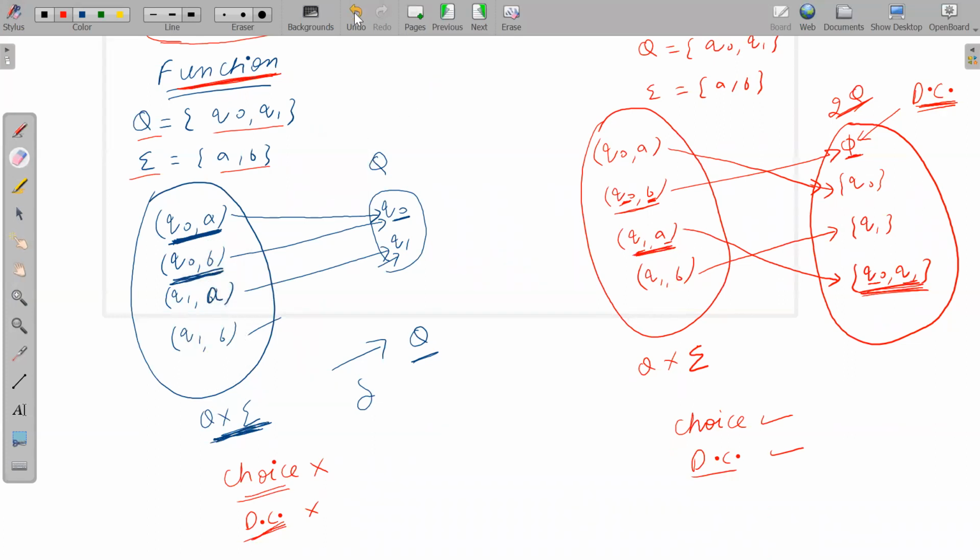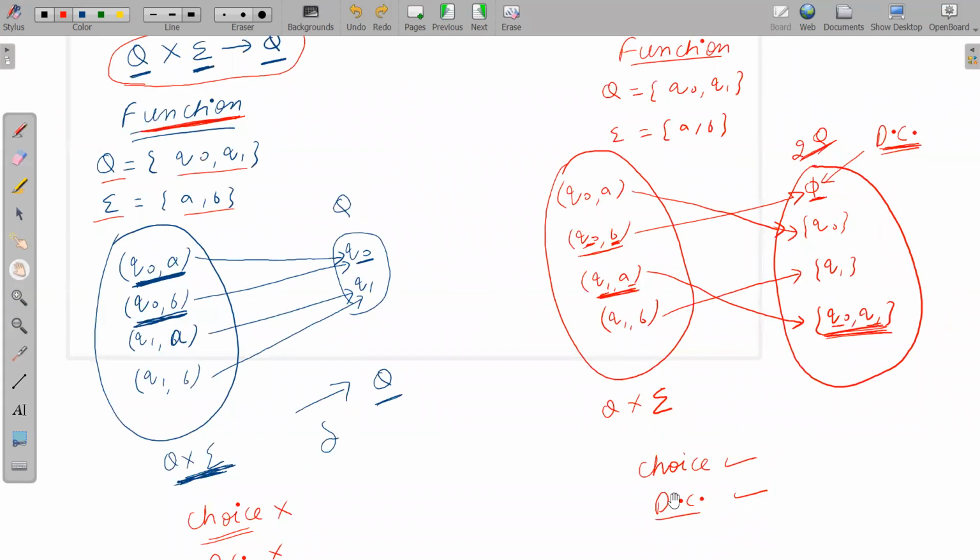And how have we shown this dead configuration in case of NFA? We have shown the dead configuration with the help of phi. So q naught comma b is linked with phi. So linking is a must. We have to map each and every element in Q cross sigma to exactly one element in the set. This is the basic meaning of function. I hope I have made the point clear to all of you.